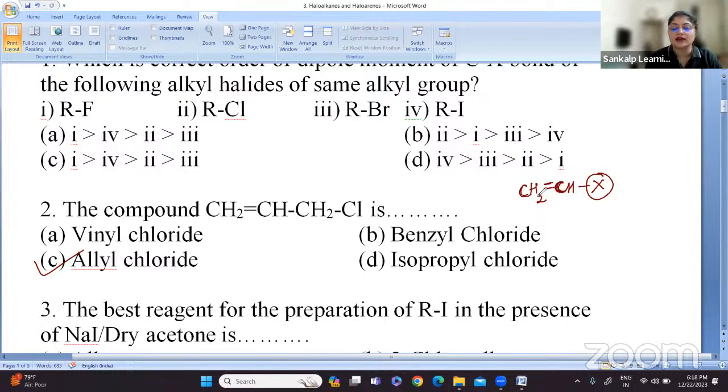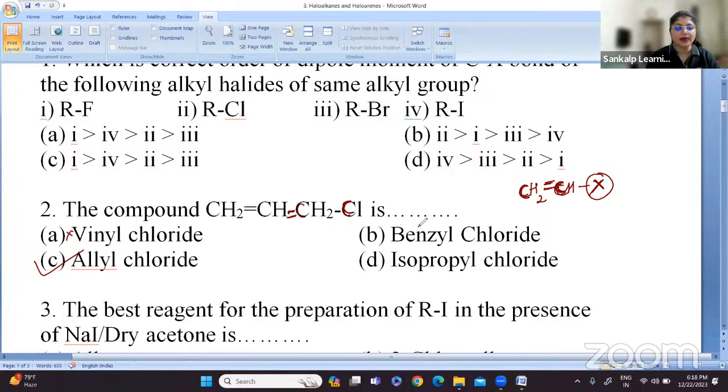So this is the meaning of vinyl chloride. Is the halogen atom attached to a carbon with double bond here? No. So this option is discarded.